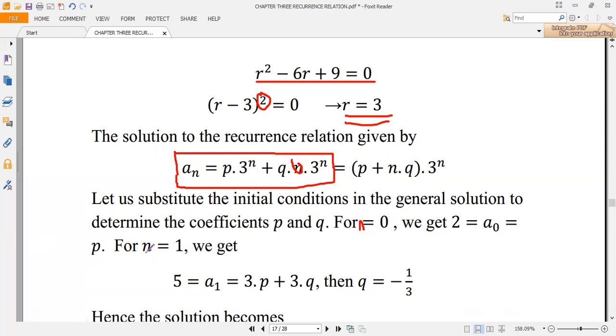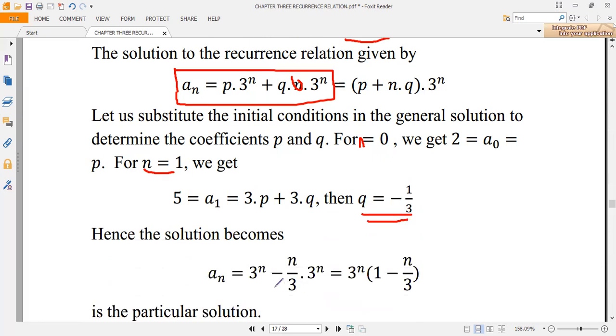Then substituting n is equal to 1, it becomes 5, which is equal to a1, is equal to 3 times p plus 3 times q. Then substituting the p value, which is 2, into the equation, we get q is equal to 1 over 3.